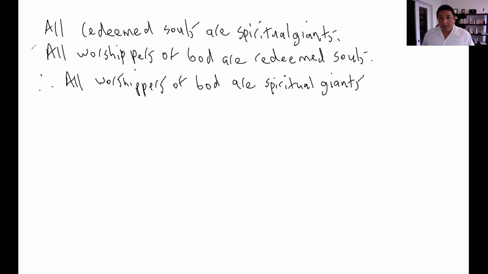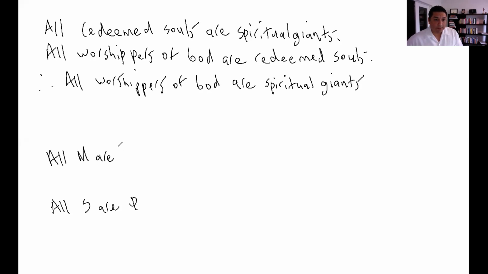And once you have it in this form, then you can go ahead and draw it out in symbolic form. So let's take the conclusion first: all S are P. And take the major premise, you have the middle coming first, and then the major coming second.